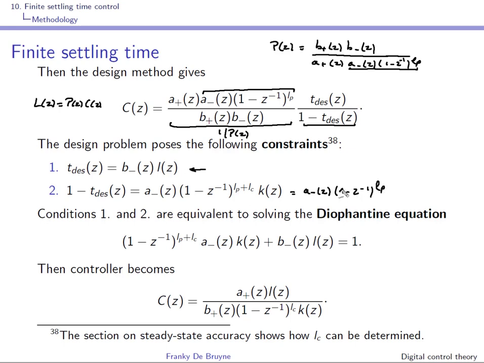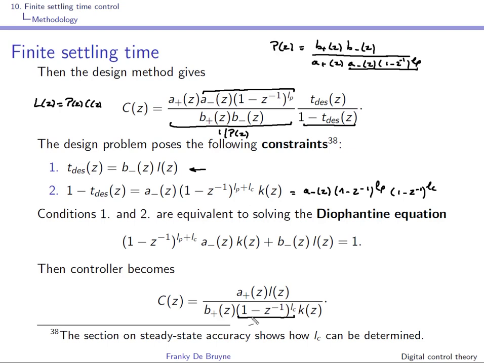This is necessary in order not to go against internal stability. But then we can add a few poles on the unit circle so that they will end up in the controller.